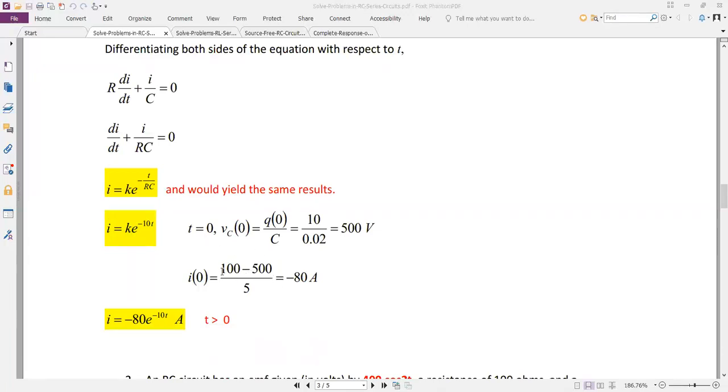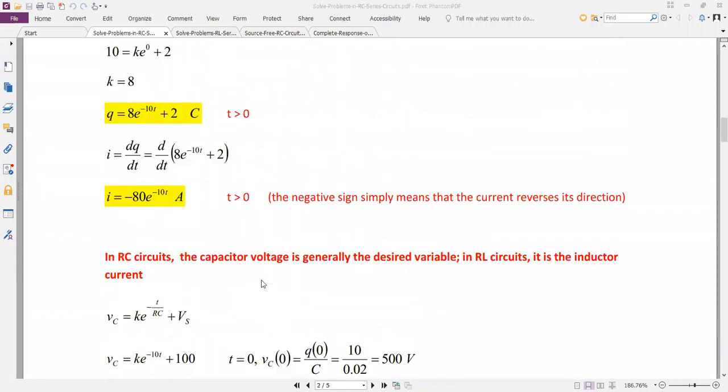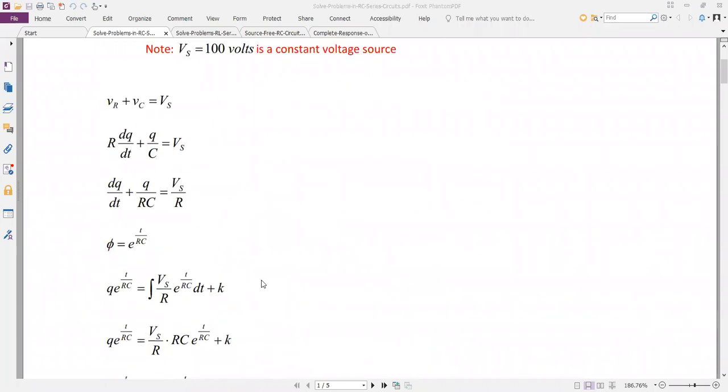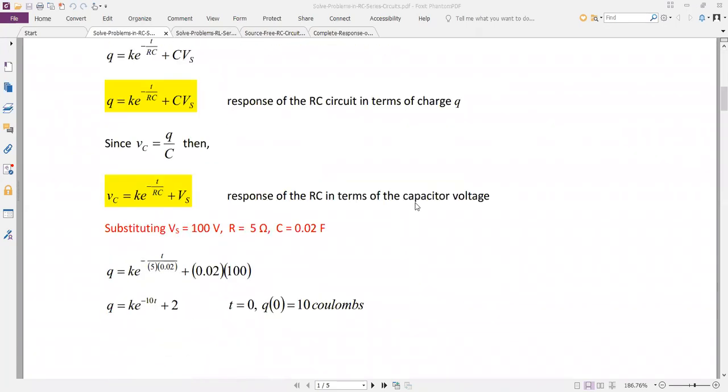So the 100 minus the 500 over 5, what is this 5, by the way, that you see being divided? Where did this 5 come from? Based on our given, the 5 is the resistance of your resistor.